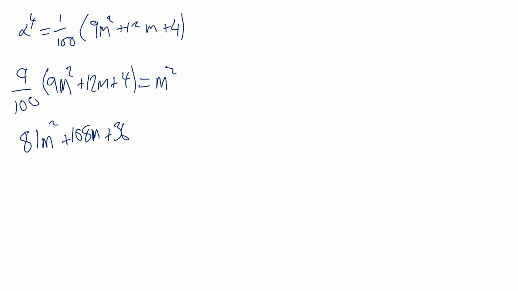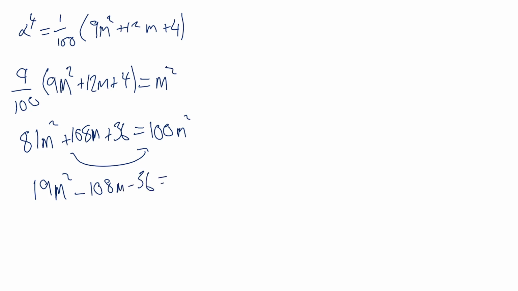And if we times both sides by 100, we get this equaling 100m squared. Now we bring everything over to one side. The 100 is bigger than the 81, so we're going to bring everything from the left-hand side over to the right-hand side so that our a in am squared plus bm plus c is positive, which makes things a little bit easier. So our equation becomes 19m squared minus 108m minus 36 equals 0.